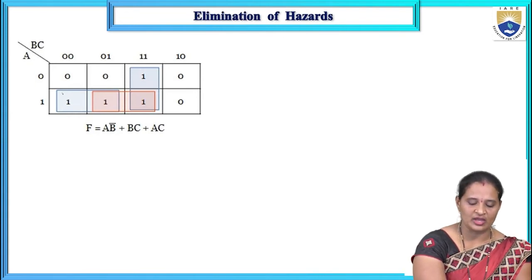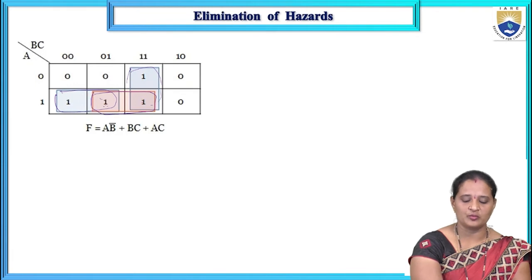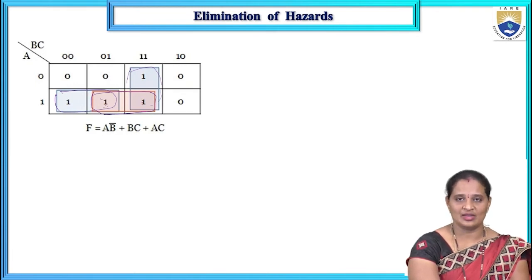The two groups are already formed here, but as these two are also adjacent to each other, I am also forming another group such that the hazard is eliminated. This is the procedure for eliminating hazard.